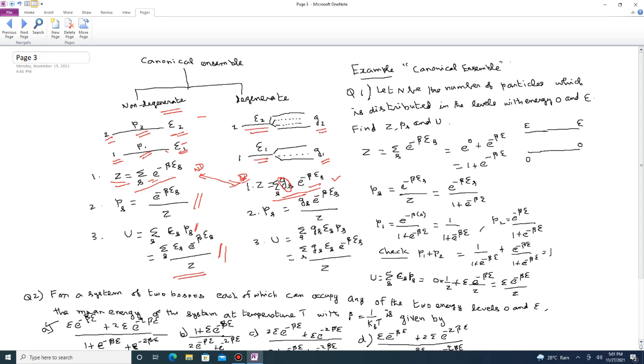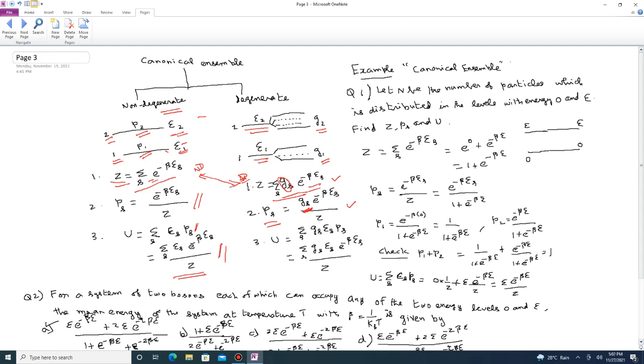Similarly, for P_s, the probability of occupation of the state with energy E_s is defined with g_s e^(-βE_s). So you have to include g_s here. This is the expression for the probability corresponding to the s-th level: g_s e^(-βE_s) divided by Z. So for the degenerate system, the term g_s must be present.